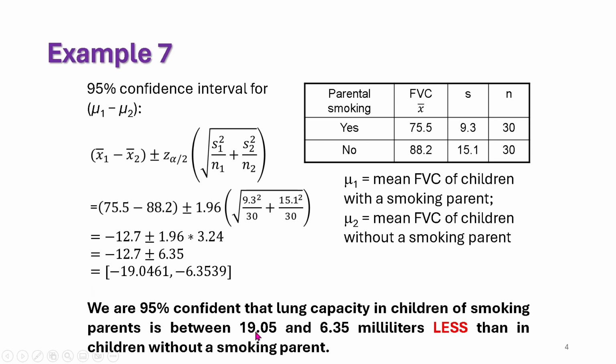And why is the value positive in the statement? Because the statement says it is less than in children without a smoking parent. The FVC actually measures the lung capacity in terms of milliliters.